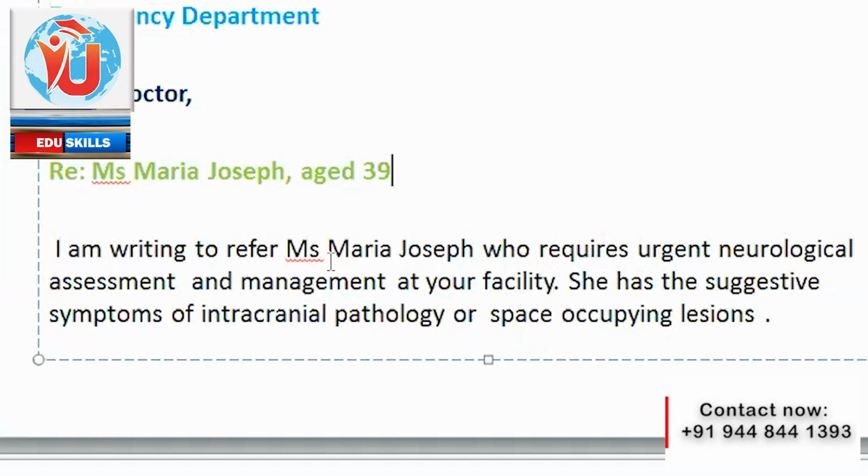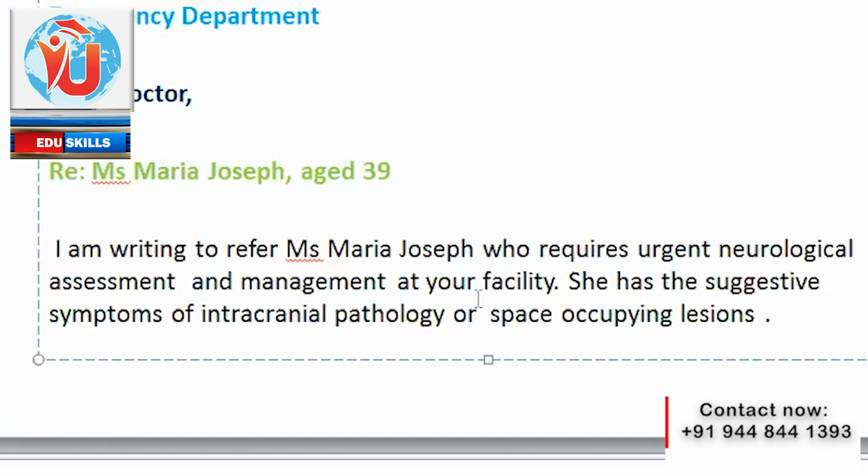Well, it's a singular noun, so I wrote requires. The S should be there. For an urgent neurological assessment, it is better to have the word urgent because we are writing for urgent intervention and management at your facility.